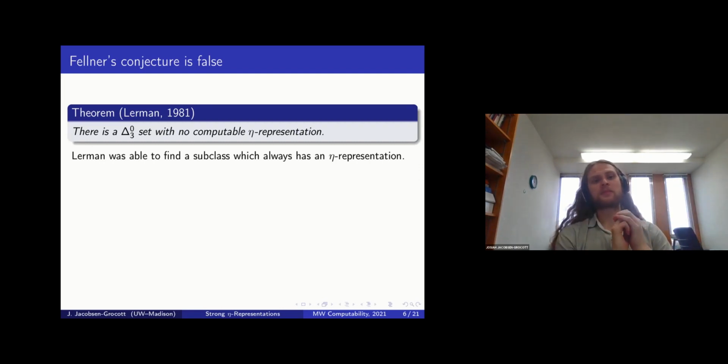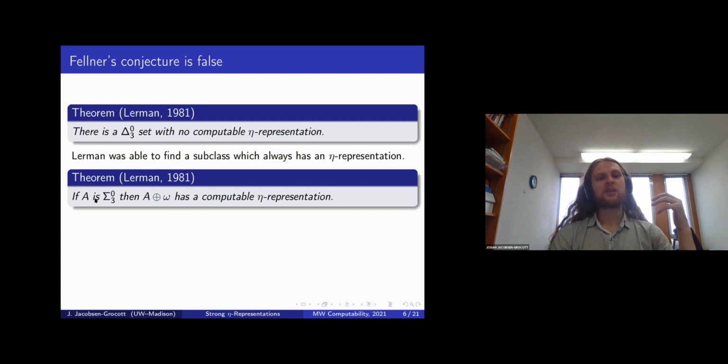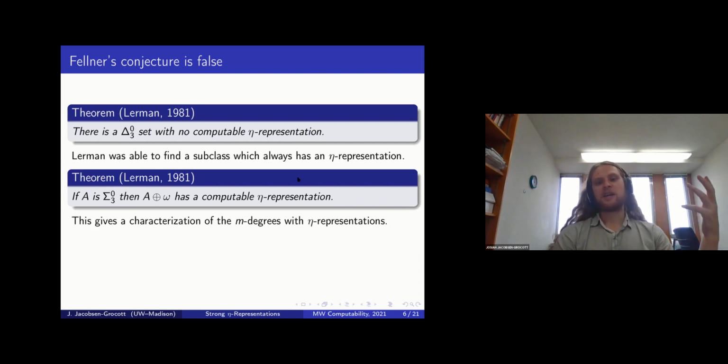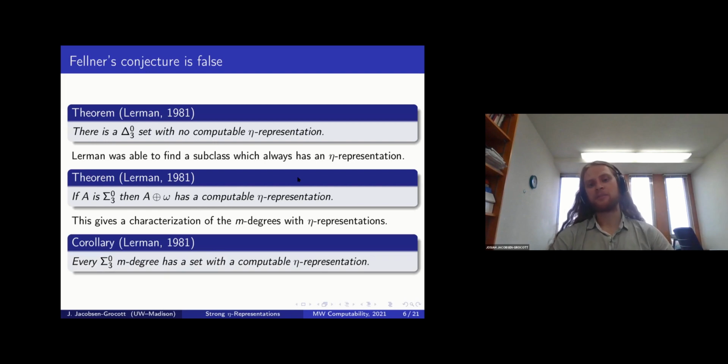However, going in the opposite direction, we were able to find a subclass of sets with eta representations, which is quite nice. If A is Sigma^0_3, then A join omega has a computable eta representation. So not every Sigma^0_3 set has an eta representation, but if we look at the m-degrees, every Sigma^0_3 m-degree has a computable eta representation.